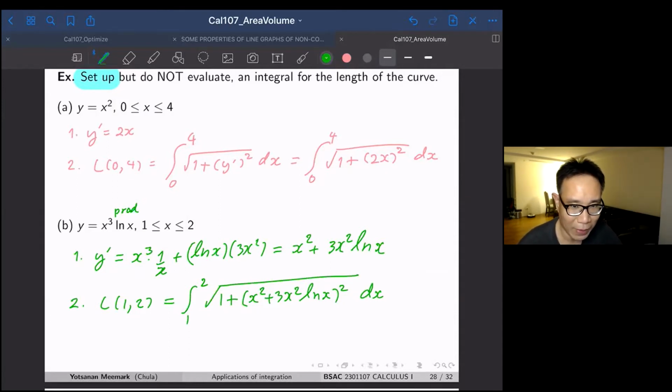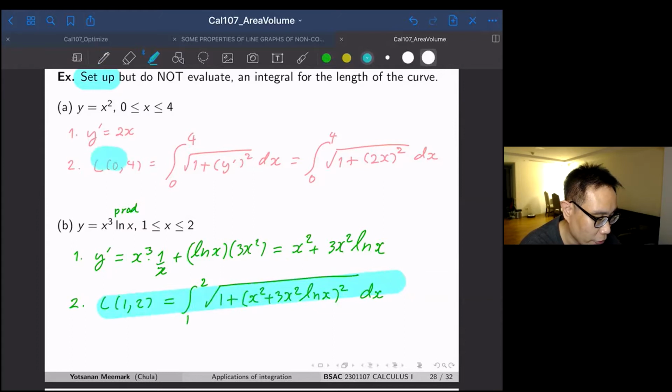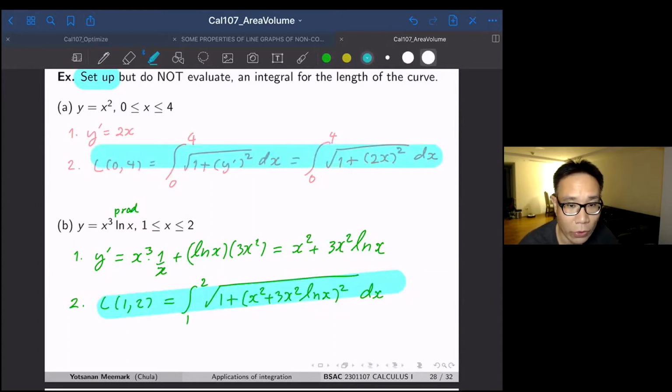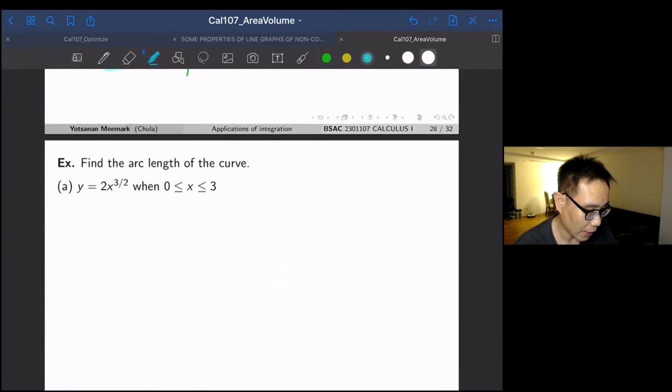You don't need to expand, you don't need to simplify, because this question asks you to set up. So the setup is going to ask you to answer in terms of a definite integral like this one. So you don't need to integrate for the value. The next example will ask you to integrate for the value, and I'm going to show you how to do that.